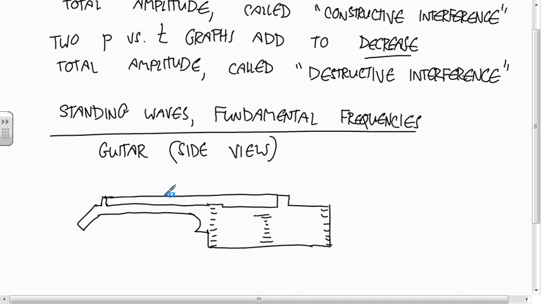And that's why people pay $1 million for a 300-year-old Stradivarius violin, and they don't pay $1 million for a Target plastic violin. And so the question is, what are the waves that add up? And after those waves add up, how do you still hear a single note from it?